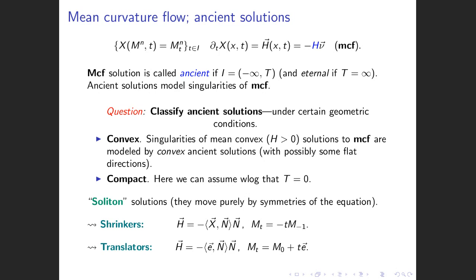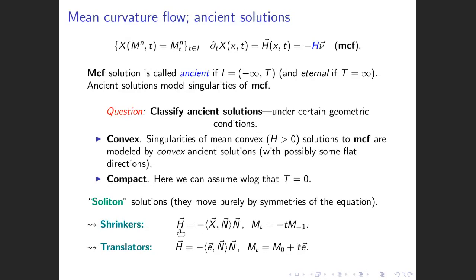Then we can also look at these special solutions, which I said before move by symmetries of the equation. These are called soliton solutions. Of these soliton solutions, in particular, we're interested in the following two: the shrinkers, which move by dilation. So you see here the t slice is just a scaling of the -1 slice.